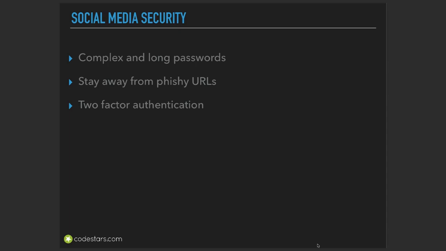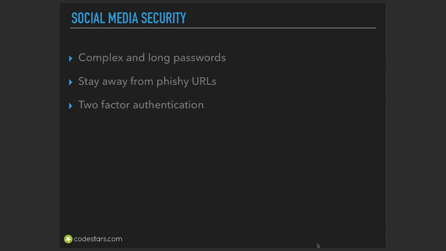And of course, you can always enable two-factor authentication in popular social media accounts. For example, Facebook, Instagram, Twitter, LinkedIn, Gmail, and Hotmail, they all have this two-factor authentication. So what does this mean?